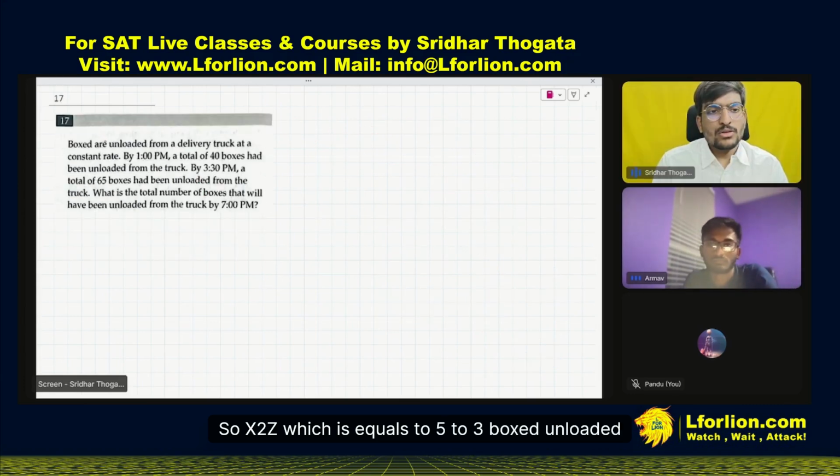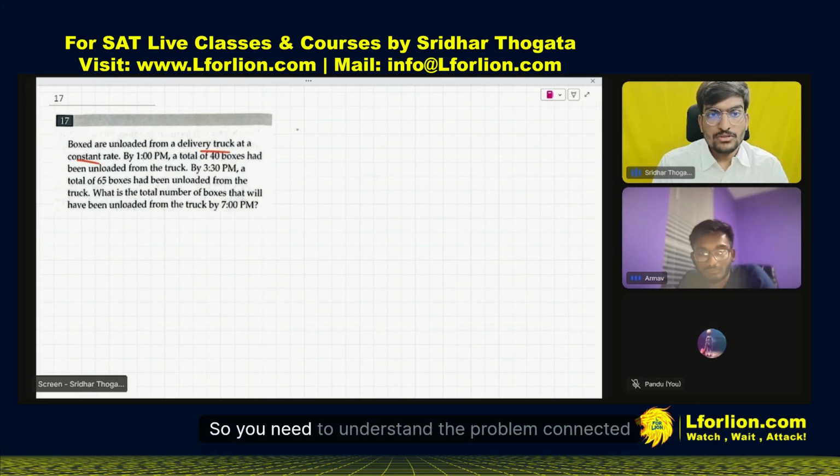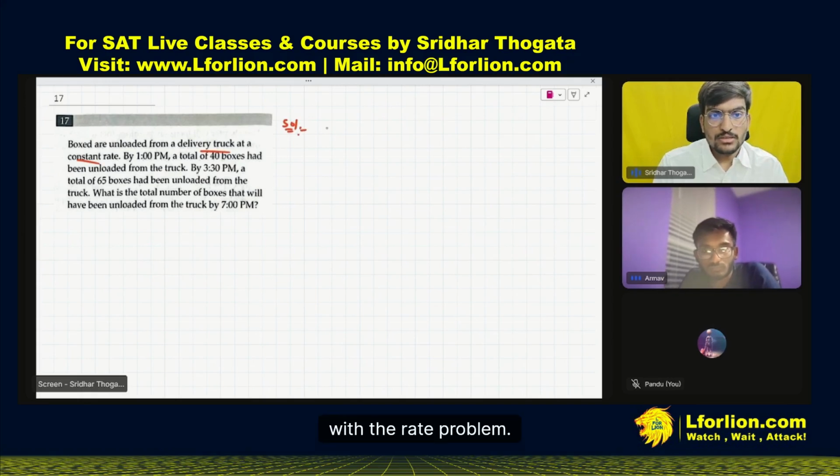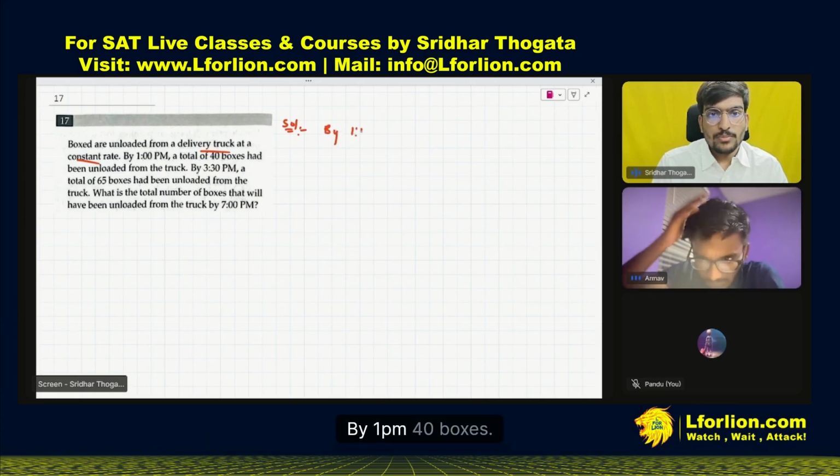Boxes are unloaded from a delivery truck at a constant rate. You need to understand that the problem is connected with a rate problem. By 1 p.m., a total of 40 boxes had been unloaded.